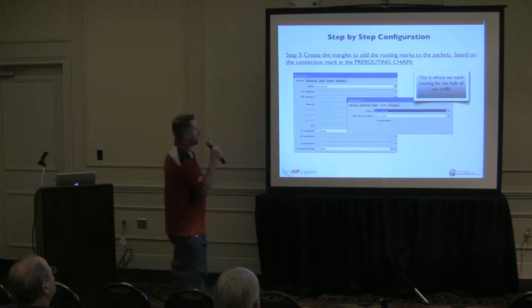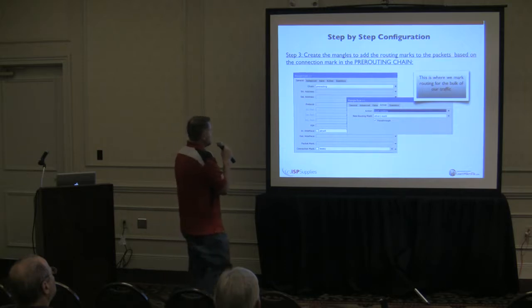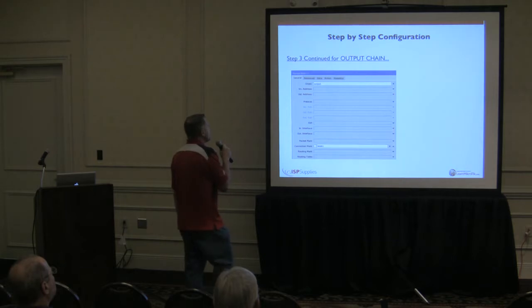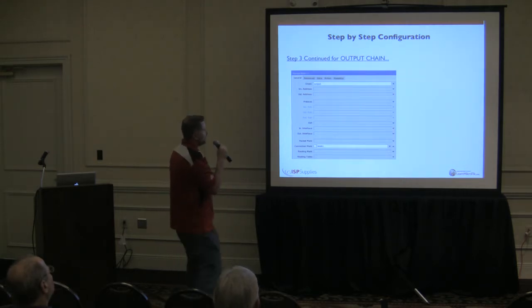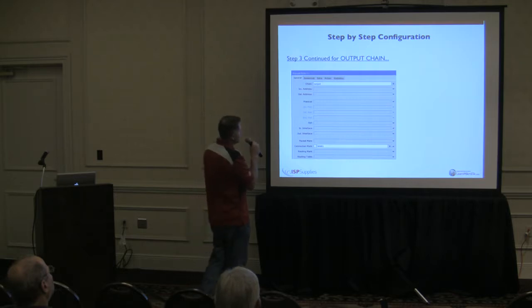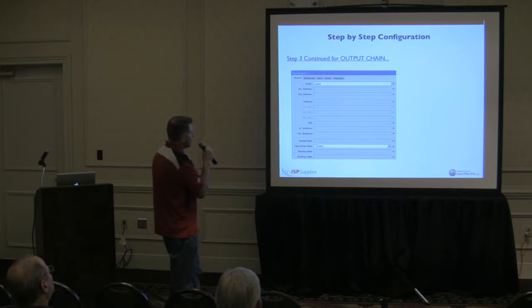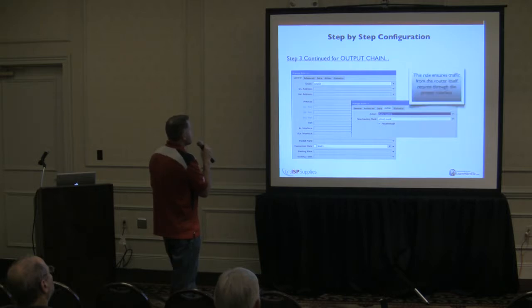So this is where we're going to be marking routing for the bulk of our traffic that's going through the router. And we're going to repeat this 3 times, 1 for each of the WAN connections. We're also going to put some rules in the output chain. So now we're going to be looking for connection mark WAN 1 and mark routing again, either one-mark and pass through.